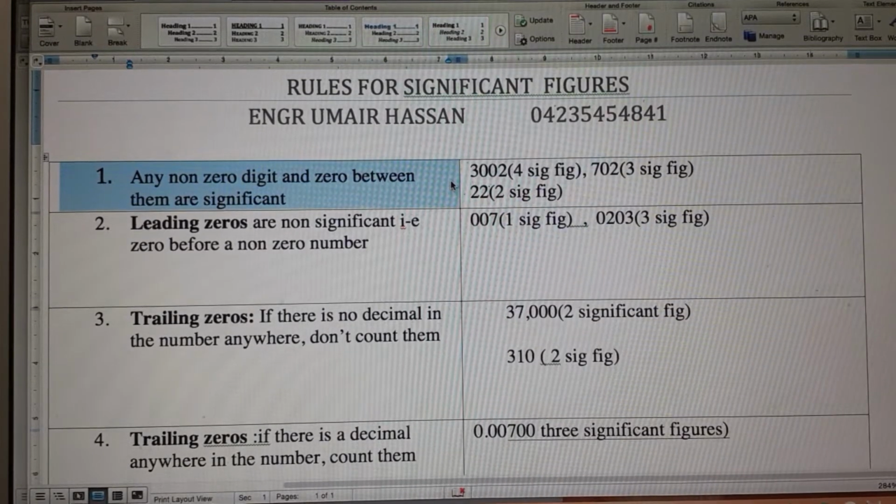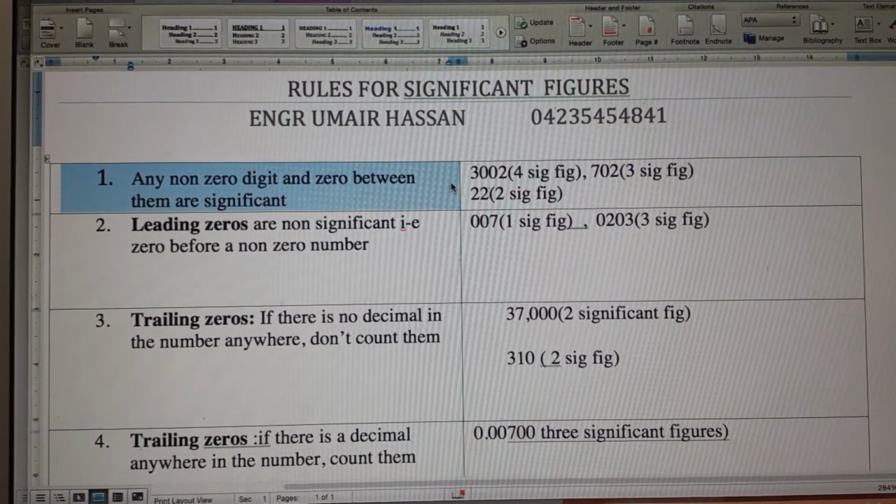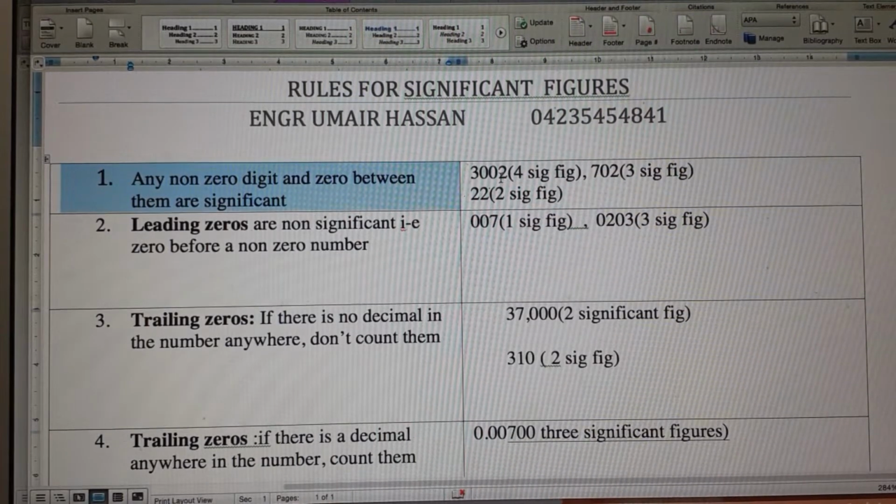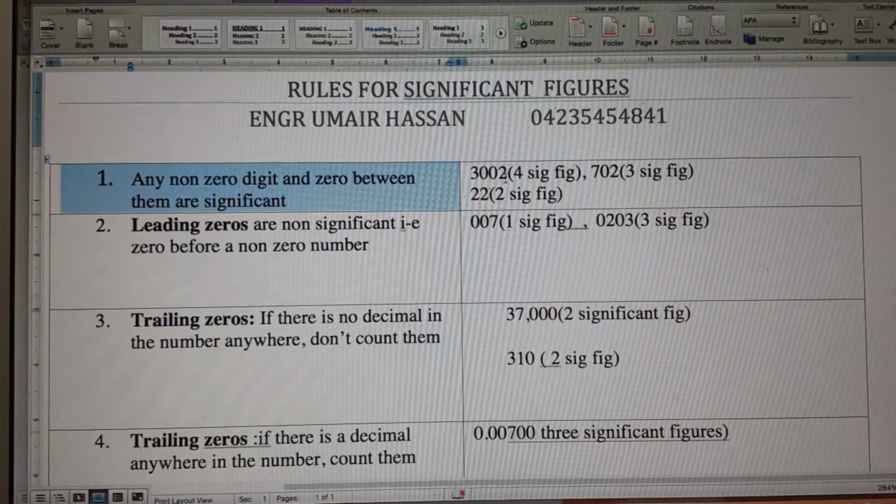For example, if I have the number 3002, first identify the non-zero numbers. 3 and 2 are non-zero numbers, so 3 and 2 are significant.